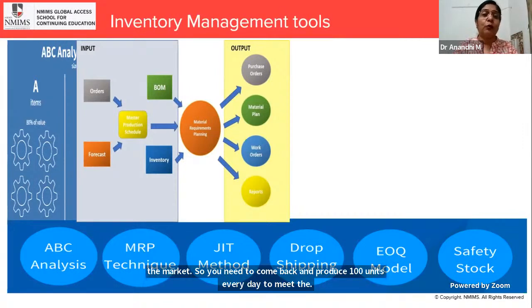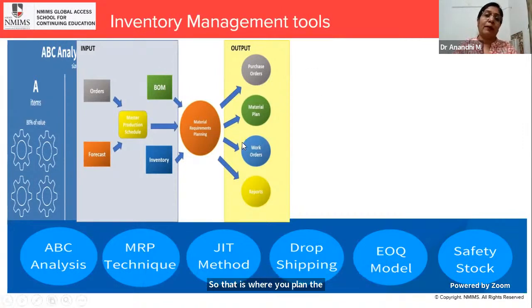So that is where you plan the material requirement planning. What is the material required to produce 100 units of car or toothpaste or whatever it is? So accordingly, you will prepare the bill of materials, you will raise the order, you will plan your inventory, and you come out with a complete master production schedule.